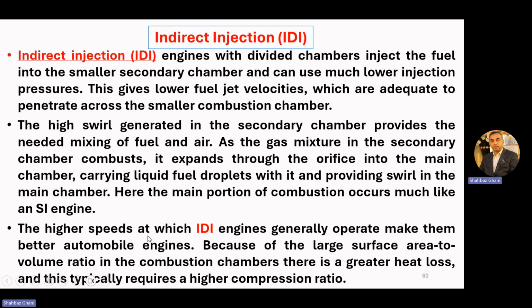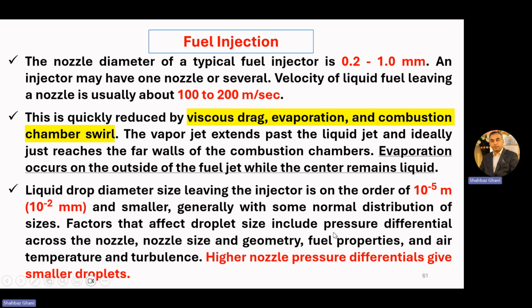The higher speeds at which indirect injection engines generally operate make them better automobile engines. Because of the large surface area to volume ratio in the combustion chambers, there are greater heat losses, and this typically requires a high compression ratio.